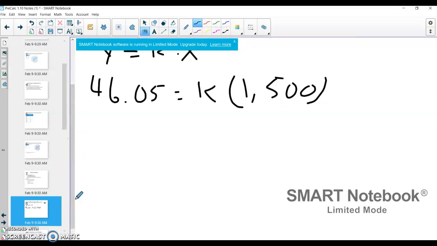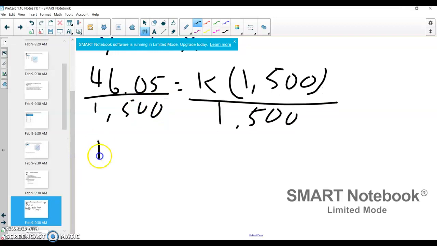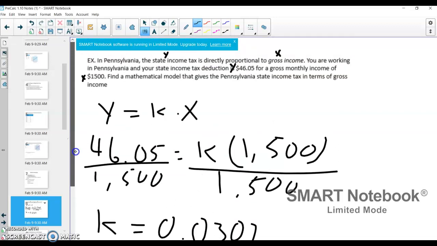Okay, divide both sides by 1,500. And we're going to have our k, which I got to grab my calculator quick. After using my calculator, I got that k equals 0.0307.